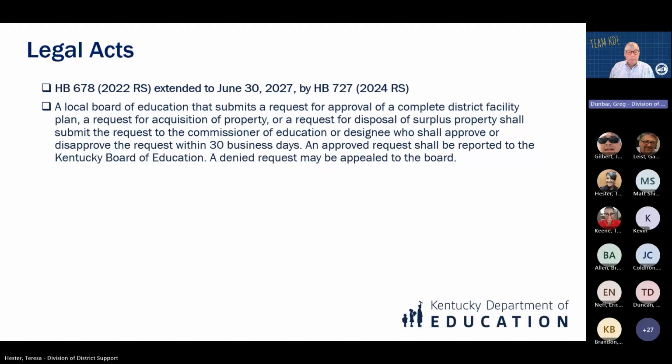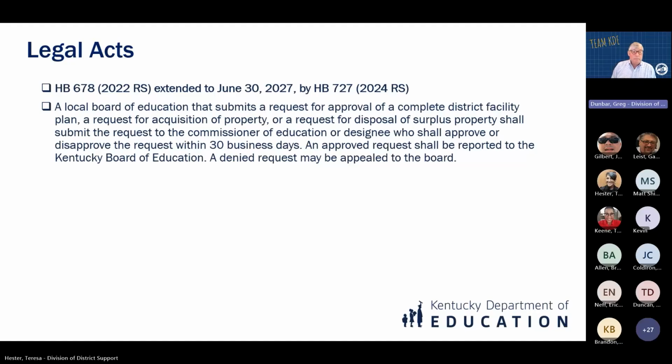We do that every 2 months. At the same time, we report how long it takes us to do that. We recently did an evaluation of our performance, and we are operating at 99%, being able to approve complete property transactions within that 30 business day window.